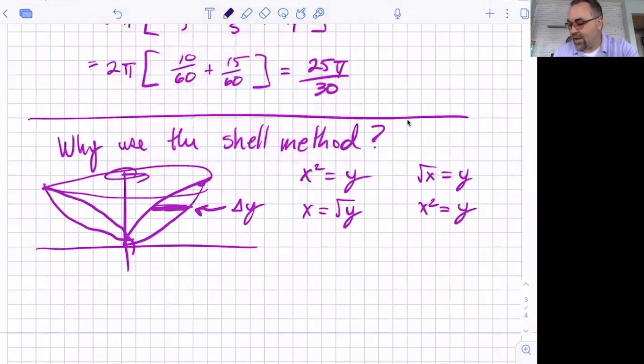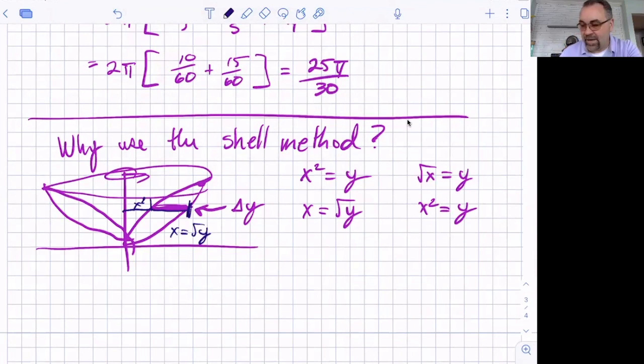So you can see the outer radius right here to this function. Well, that's y equals x squared. That's also x equals square root of y. So now we have big radius, little radius inside here. Okay, that's x squared. But if I don't have to rewrite it, I can keep the rectangle perpendicular to the x-axis. That means I'm integrating with respect to x.